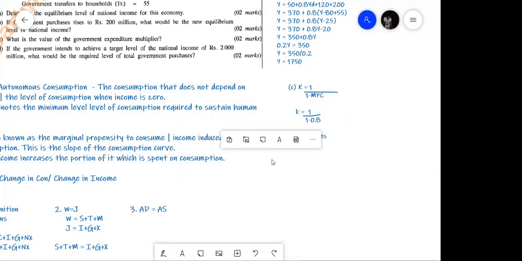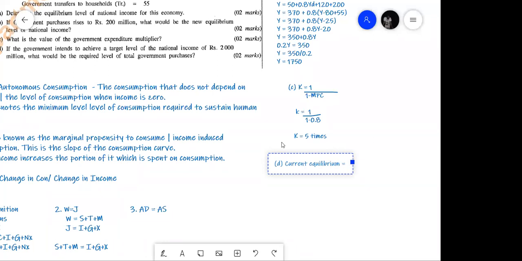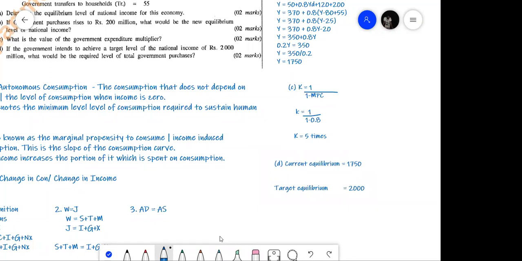So look at this, part B. What you can do is follow this. The current equilibrium is 1750, which we calculated in part B. The target equilibrium, or full employment if that is how they have worded it, is 2000. So how much of a change in equilibrium do we need?